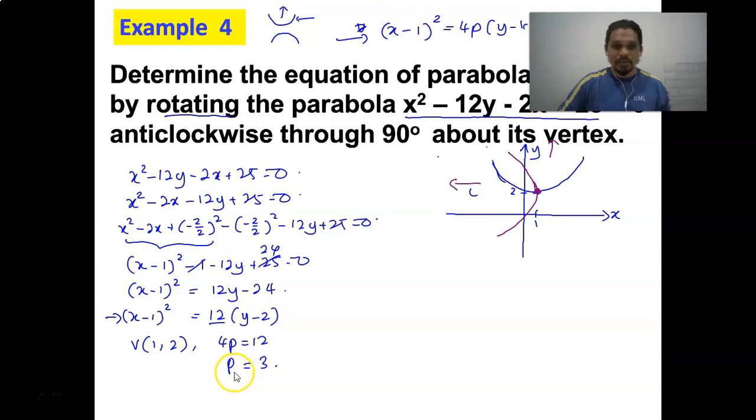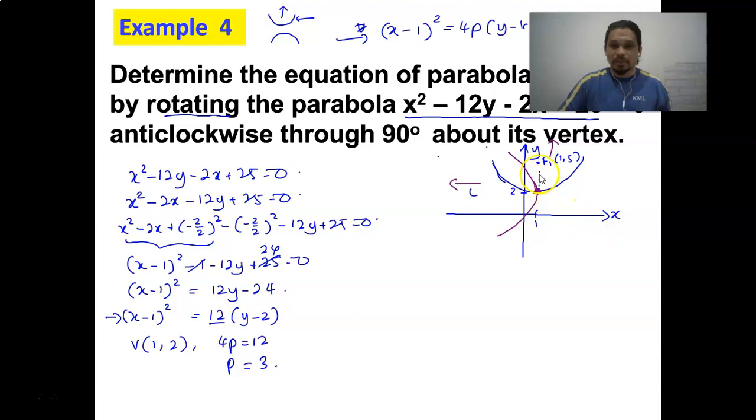This also gives us the coordinate of the focus. From y equals 2, it moved 3 units above, and this is the focus of the first parabola, which is (1, 5). And 3 units downward is y equals -1, the directrix line.